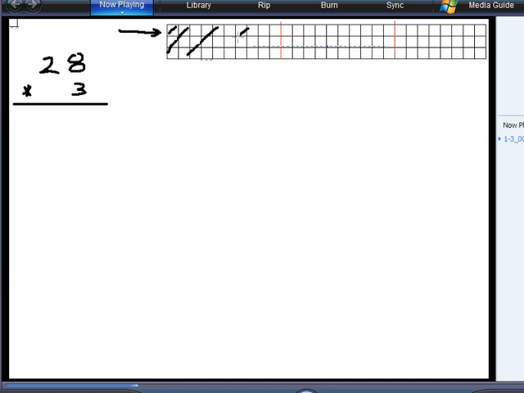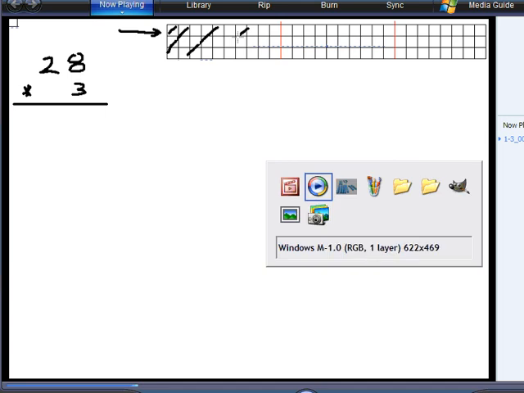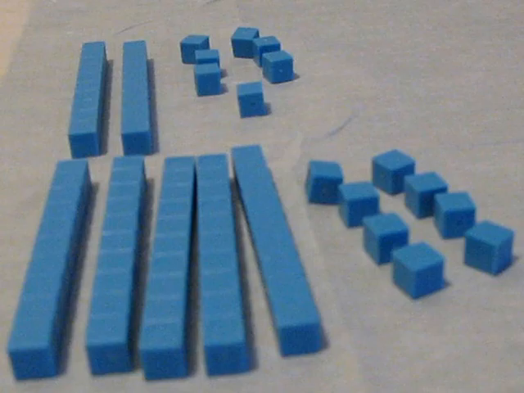Up in the upper right-hand corner, 3 times 28, a row of 28 blocks. Picture, a sketch. They're not even blue like the blocks were. Here's the blue blocks.